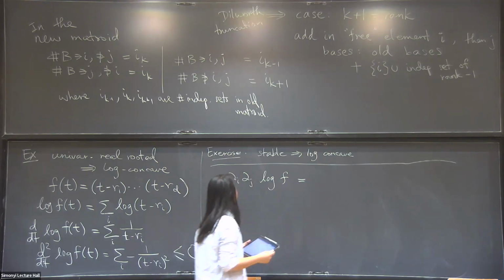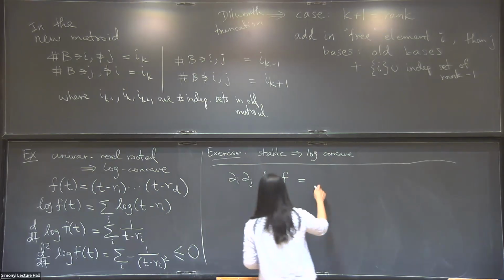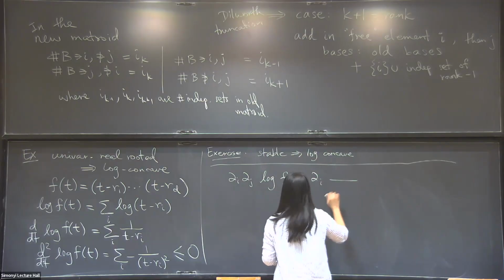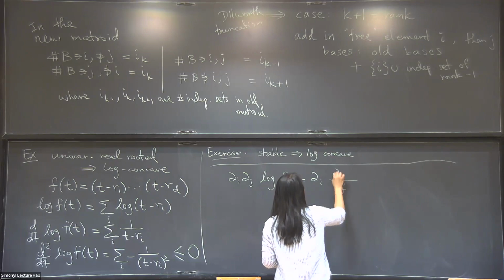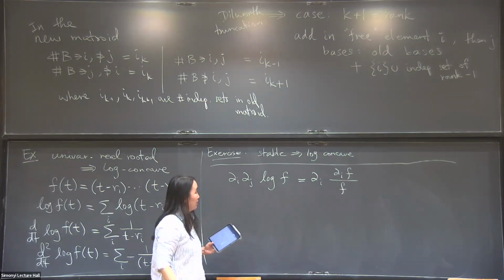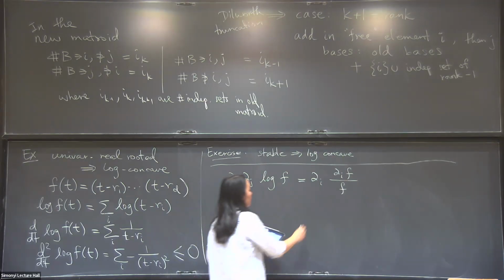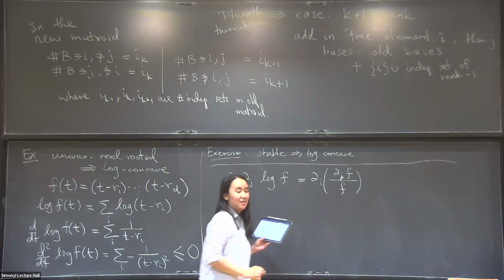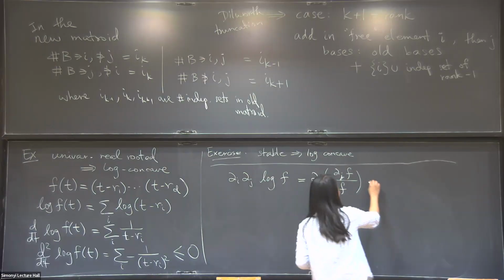We're just going back to calculus 1 and doing the derivative. So by the chain rule, it is 1 over f times partial i of, sorry, partial j of f. And then the quotient rule.